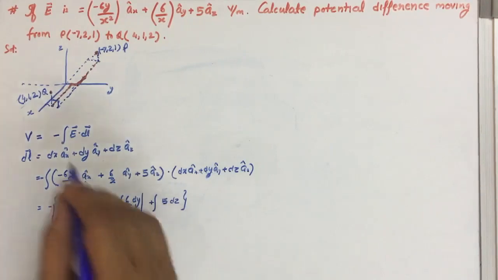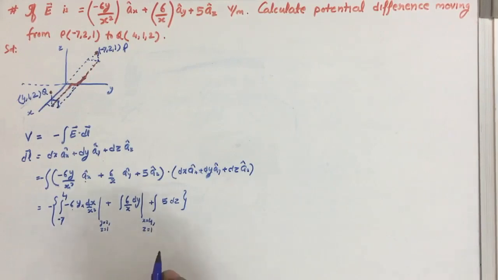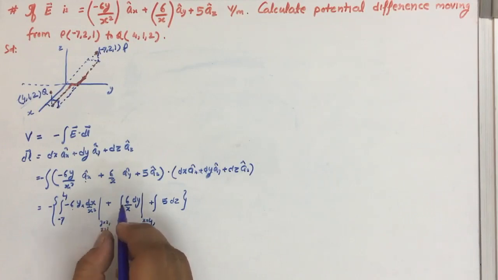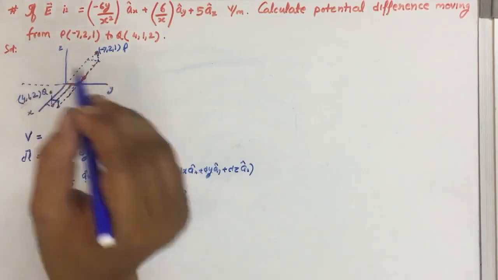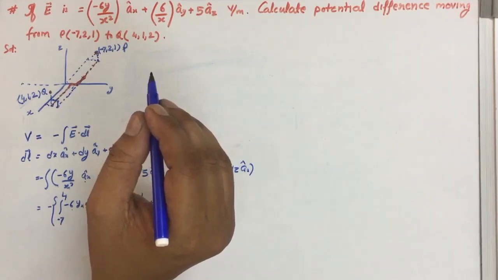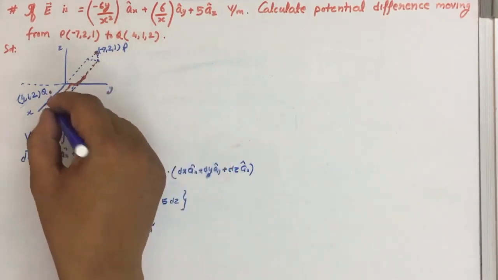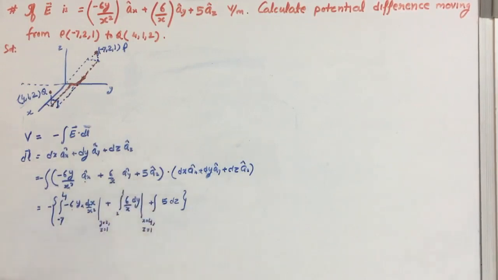So how much is x at this point? x is 4, and z is equal to 1. What is changing? y is changing from 2 to 1. At this point y is 2, so y is changing from 2 to 1. Hope it is meaningful.